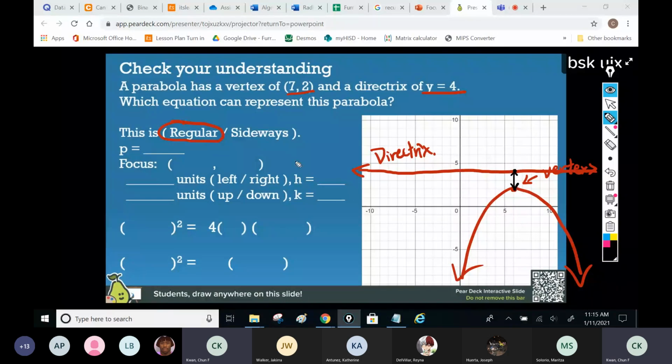This is 2 units, and since this is upside down, you need a negative sign. You need the focal length to be negative.